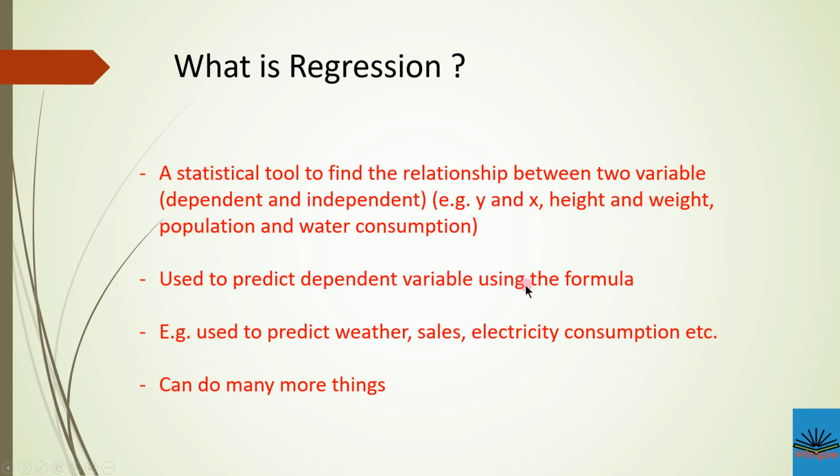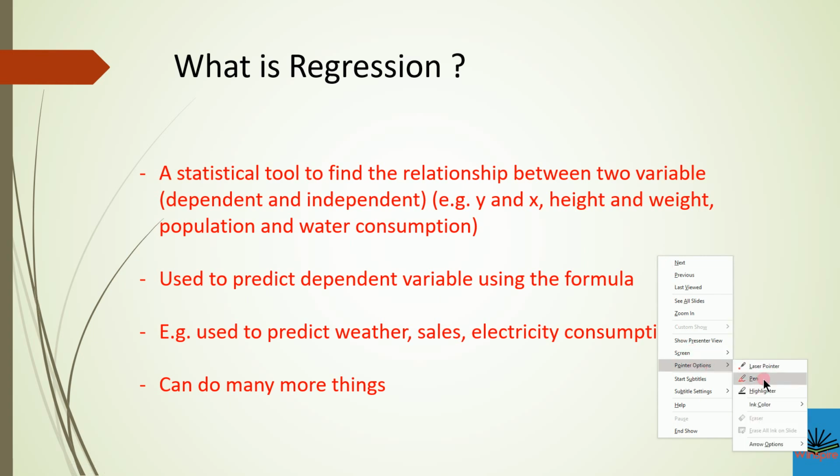What we will do in regression is we will make a formula. We will establish a formula using regression, also called the regression equation, and in that regression equation, the dependent variable will be a function of the independent variable. For example, something like this. Let me write.